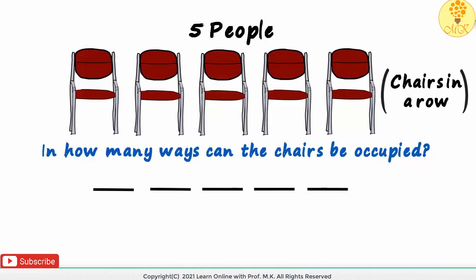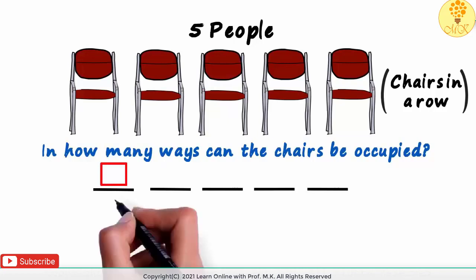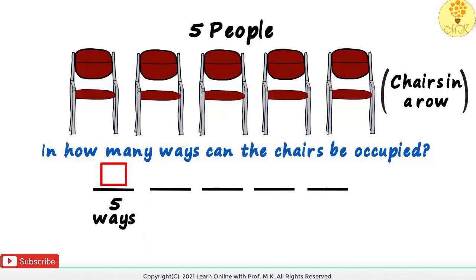In how many ways can the first chair be occupied? Any one of the 5 people can be seated on the first chair. So there are 5 different ways in which the first chair can be occupied. Understand the situation now. One of these 5 is seated on the first chair. Once this has happened, in how many ways can the second chair be occupied?